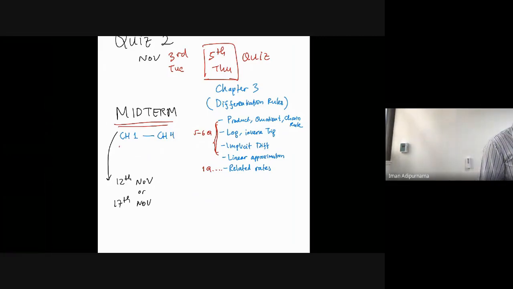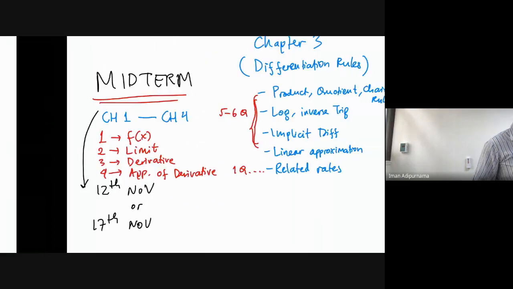Chapter 1 is function. Chapter 2 is the limit. Chapter 3 is the derivative or differentiation rule. And chapter 4 is application of derivative, which is what we are studying now.